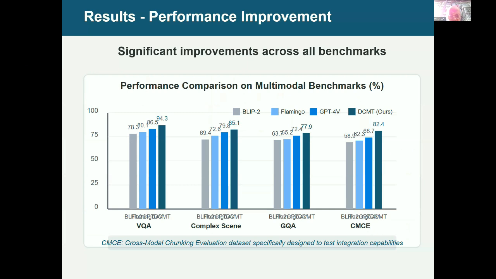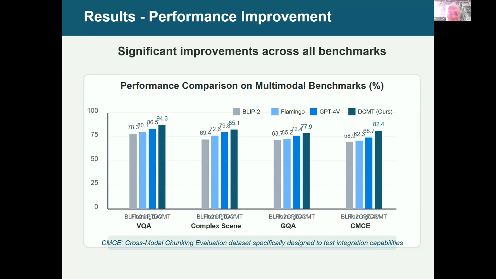This chart shows the performance comparison of our DCMT framework against state-of-the-art models like BLIP, Flamingo, and GPT-4 across several benchmark tasks. As you can see, our approach demonstrated significant improvements across all benchmarks.